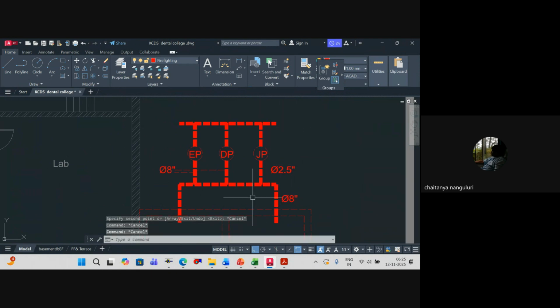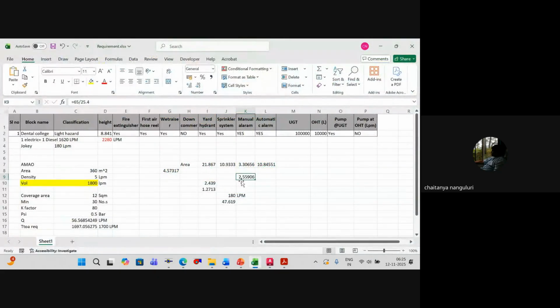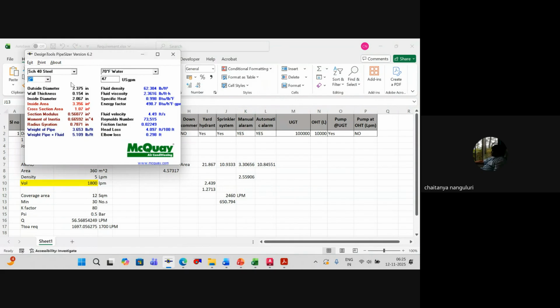What is the flow rate again? 2280 plus 180 is 2460 LPM, so 650 GPM. If you take 650, it is 7.22 FPS and the friction factor is 2.68, well below 4 feet per 100 feet. So we are fine with that, right? Don't you think I can go for a 6 inch diameter?